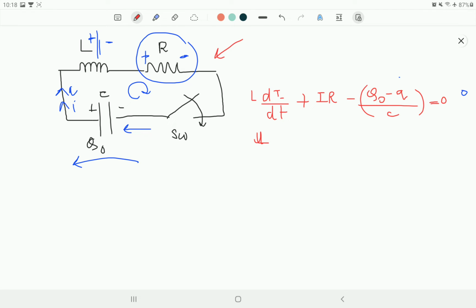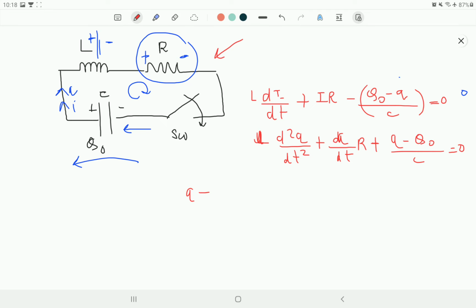So this is L d²q/dt² plus I, which is dq/dt, R, and here I can write it as plus (q minus q naught) by C is equal to 0.